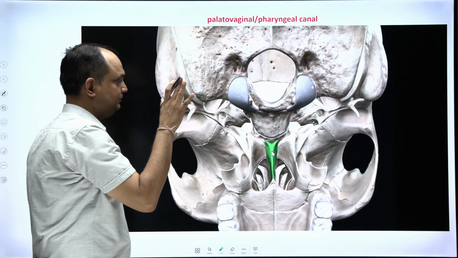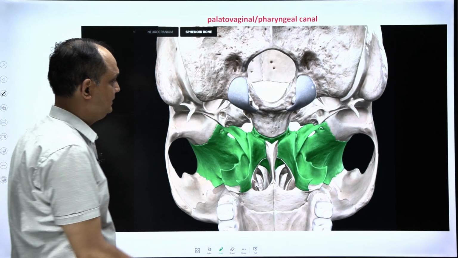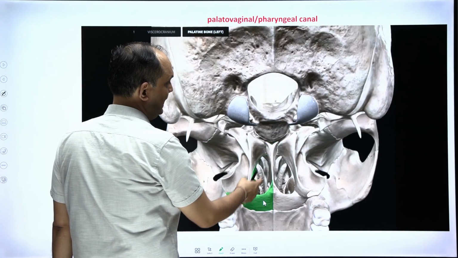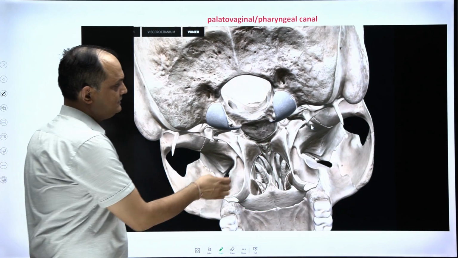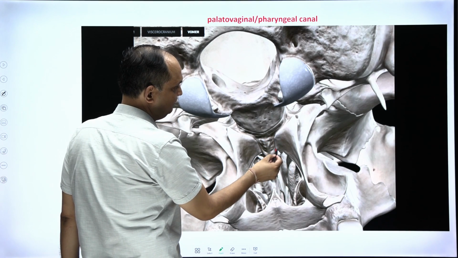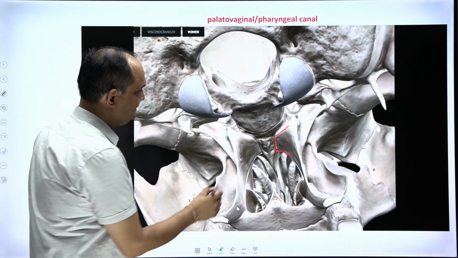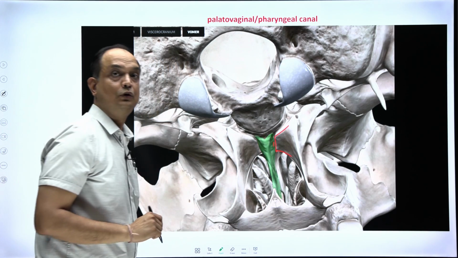So this is the base of the skull, and you are seeing the posterior nasal aperture. This is the sphenoid bone, these are the two palatine bones, and this is your vomer bone. Clear? Now you can see the vaginal process. On this vaginal process there is a very small thin area, which is known as a groove.